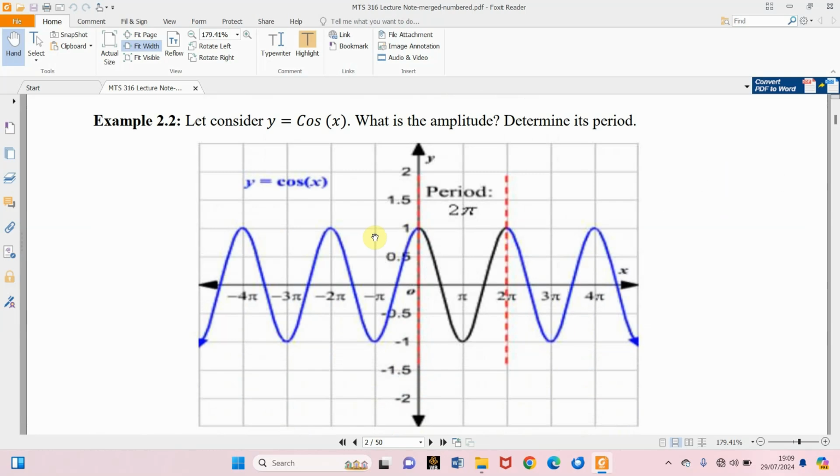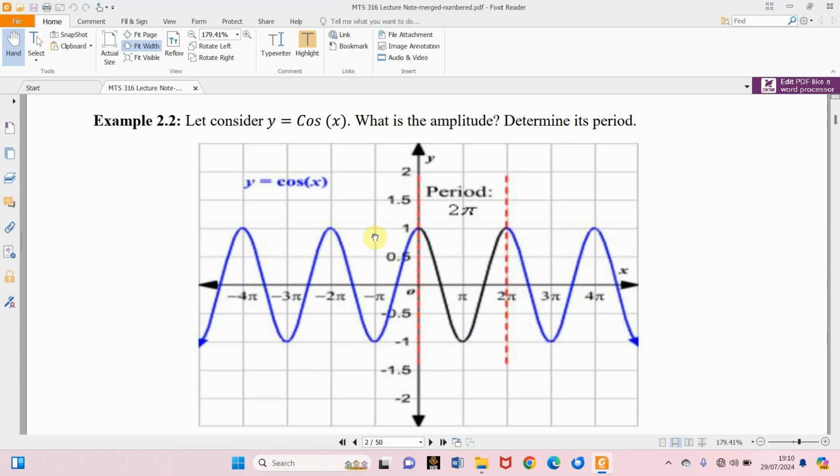From 0, cos 0 is 1, and when you get to pi, cos pi is minus 1. So cos x completes a cycle within 2 pi, and we can call that a periodic function of period 2 pi.